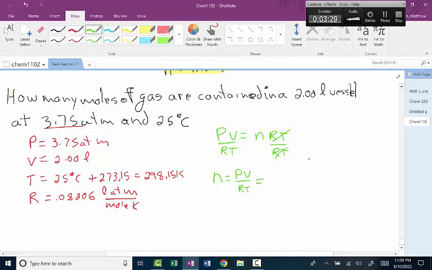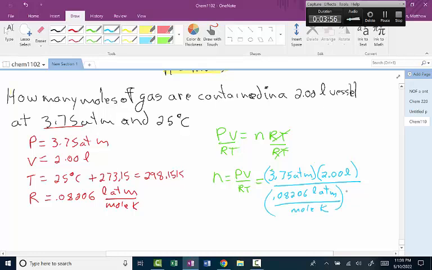And now I just plug my values in, and I'll do them in a different color. 3.75 atmospheres. I put in all my units to make sure they work. 2.00 liters divided by 0.08206 liter atmospheres per mole degree Kelvin, and a temperature of 298.15 Kelvin.